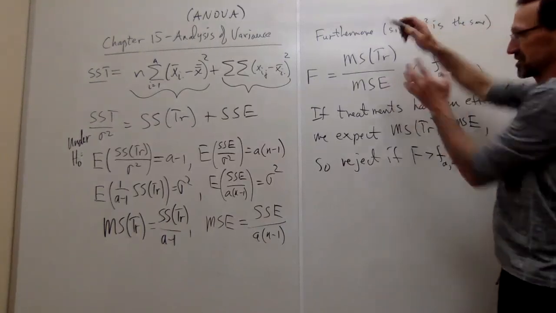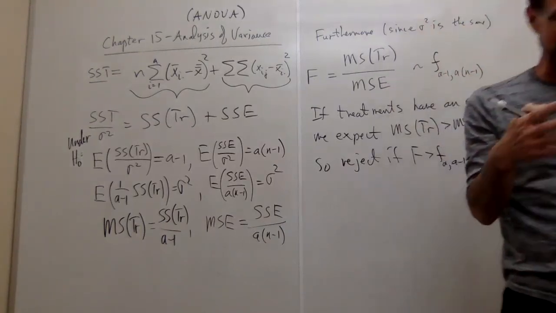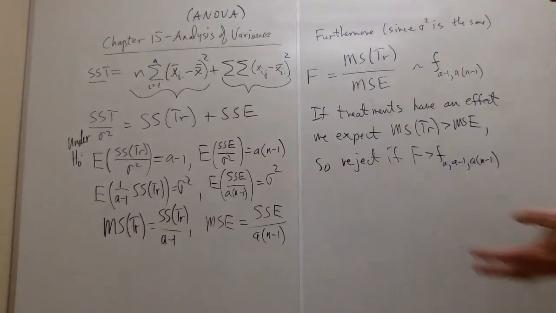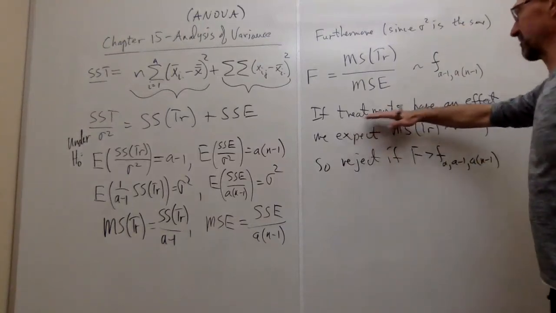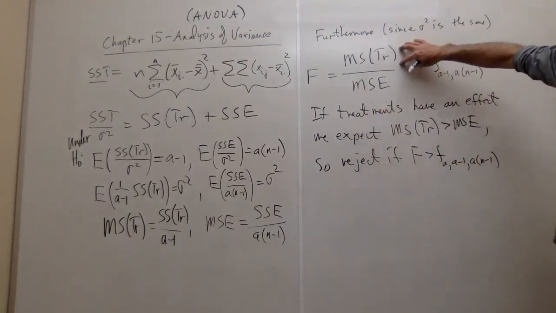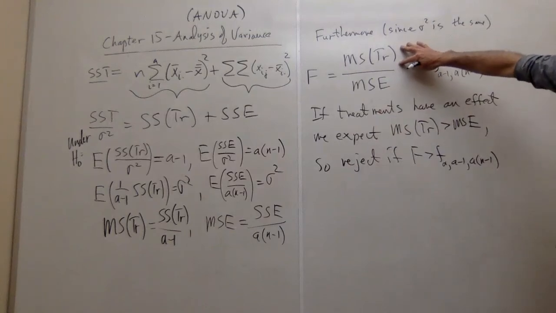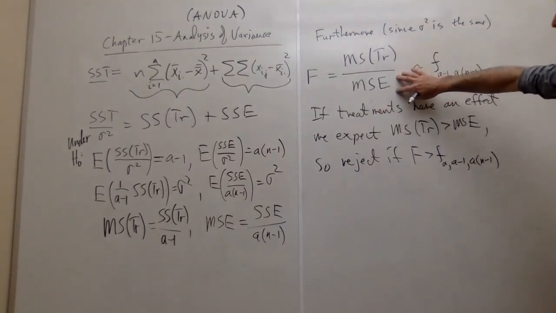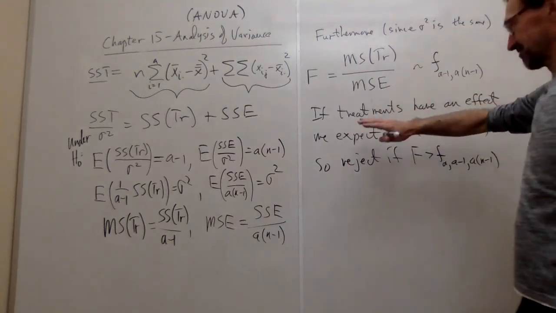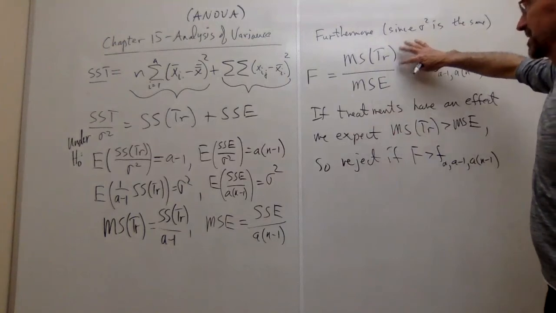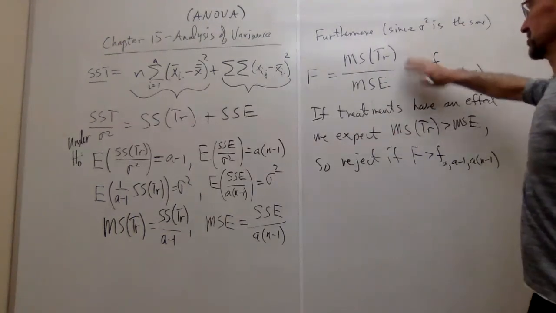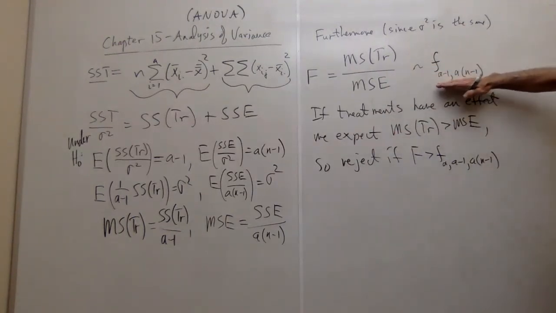Remember, these are averages, so we can compare them to each other. They're immediately comparable. And if the treatments have an effect, we expect most of the variation to be in the numerator, less of it here. So the question is, how big are these guys in comparison to each other, given that we know their distribution?